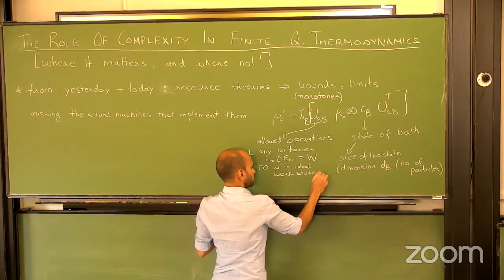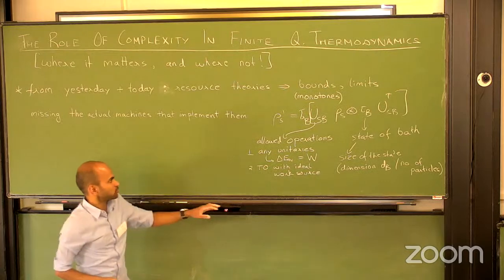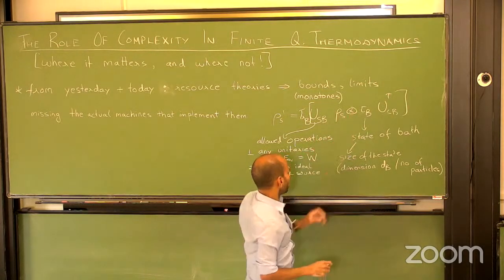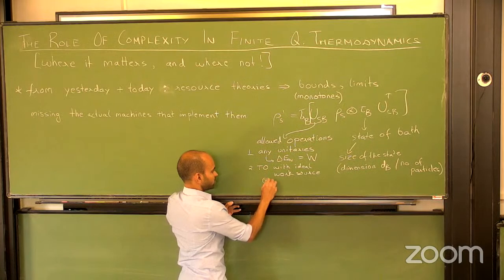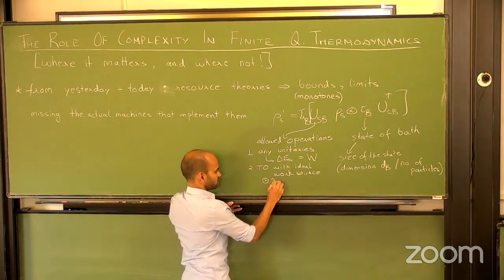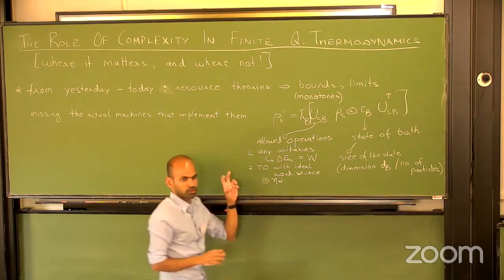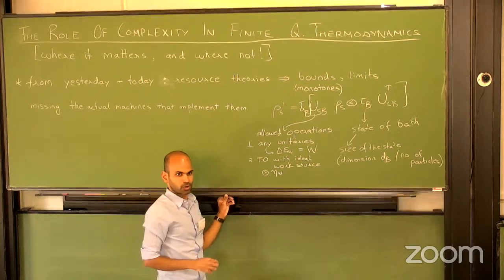So this is the case where you have rho system, rho bath, but now you also tensor it with another state. It's called eta of the weight.